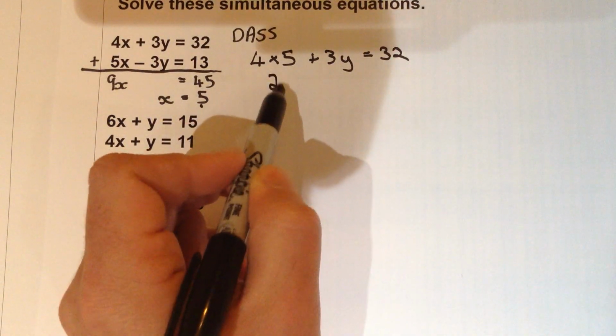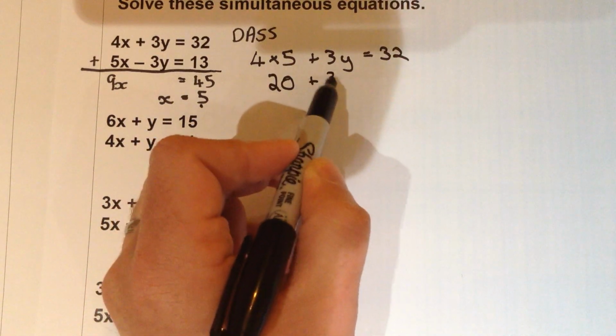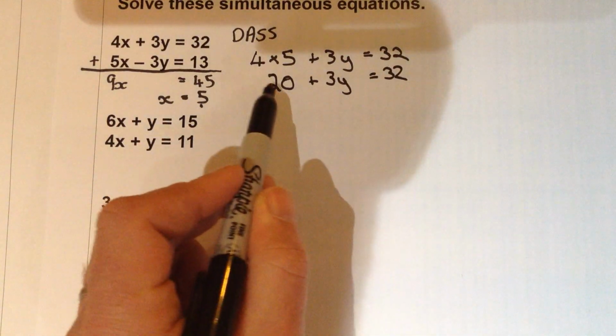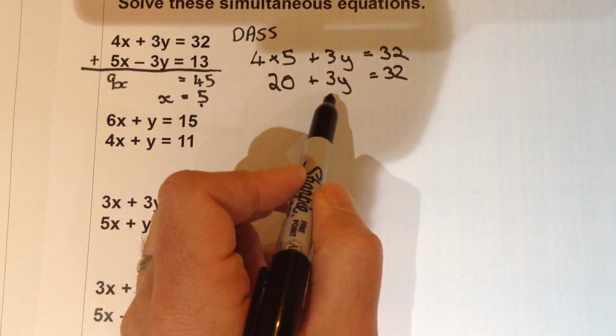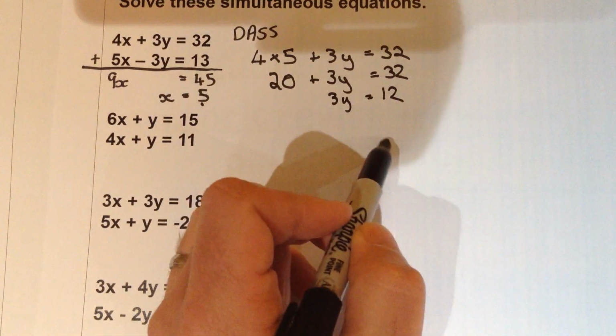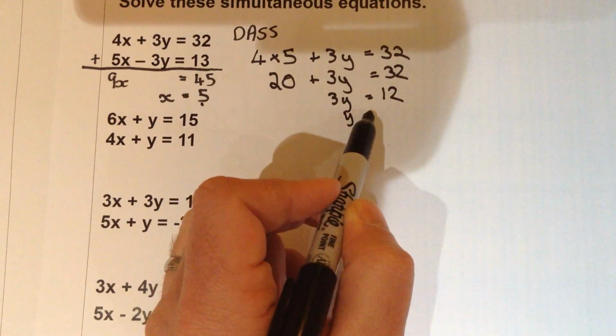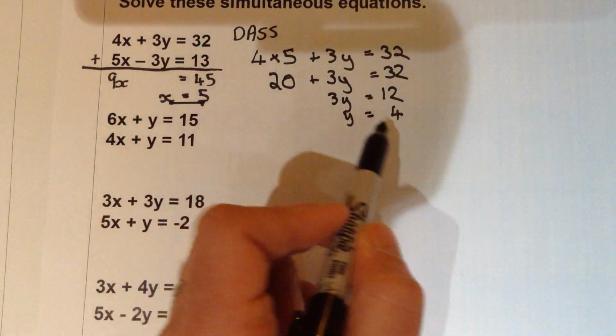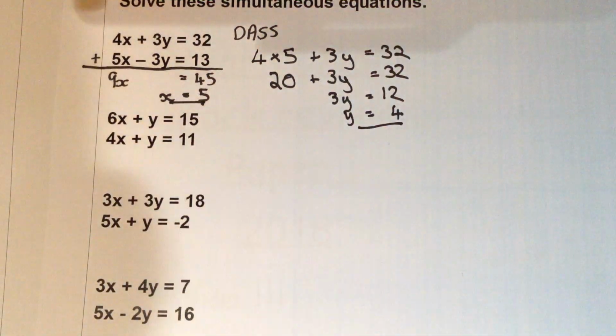So my next line down, I actually do 4 times 5, which gives me this. Taking 20 away from both sides would give me 3y equals 12, and therefore y is 4. And here are your two parts of the solution to the first question.